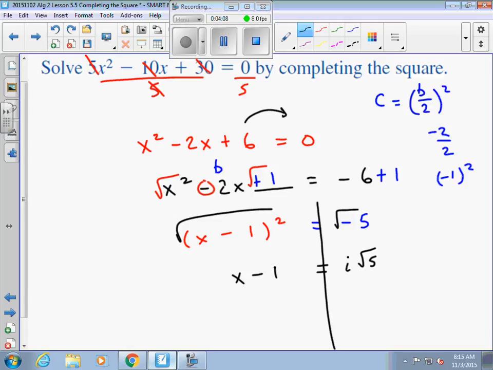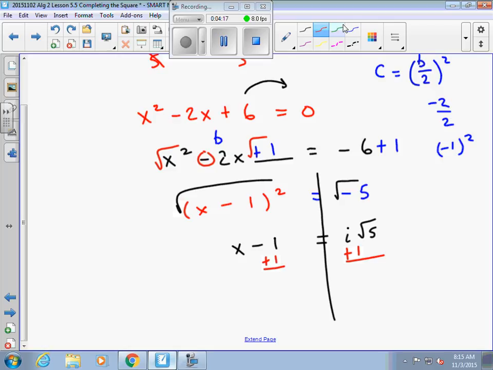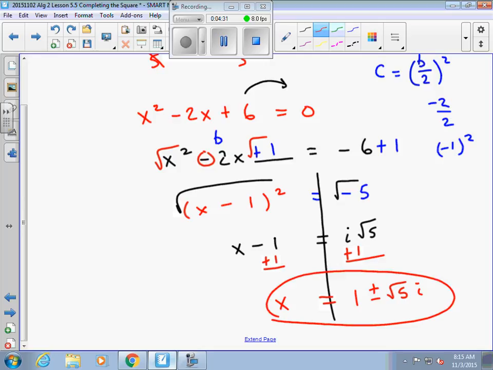The last thing you have to do with this one is undo minus 1 by adding it. You add it to the left, add it to the right. Remember, these are not like terms on the right, so you can't add them together. You can simply write them next to each other. x is equal to positive 1 plus or minus the square root of 5 times i. And again, a plus bi.